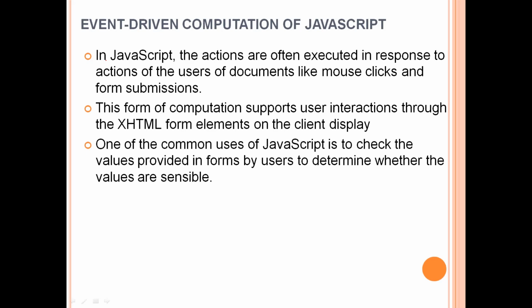In JavaScript, the actions are often executed in response to actions of users of documents, like mouse clicks and form submission. So often we execute some set of code in response to the actions of the user, like the user clicking a mouse button or submitting the form data.